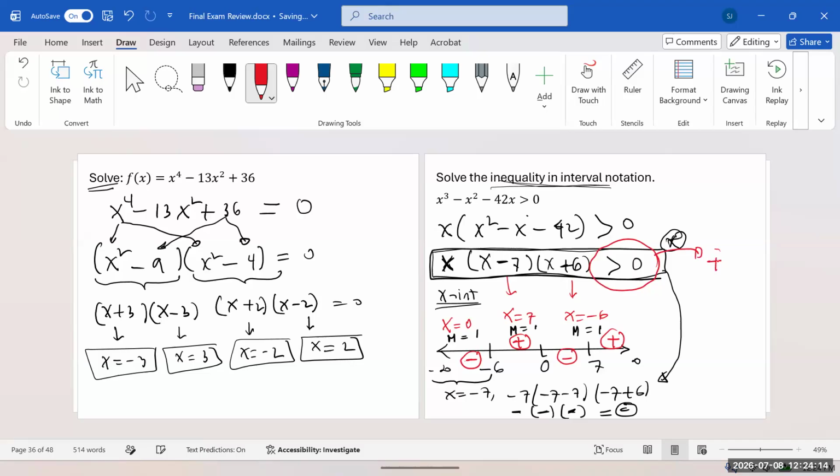Bigger than 0 means positive, and what should be our ending, bracket or parenthesis? Why parenthesis? No equal sign. Good job. So our solution is this interval. Negative 6 to 0, parenthesis, and 7 to infinity, parenthesis.